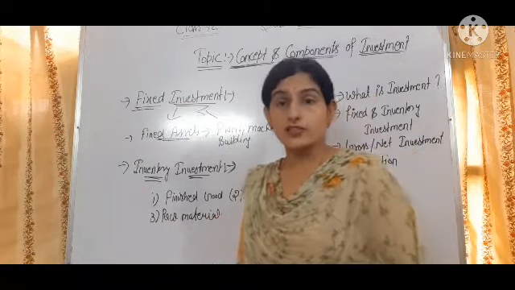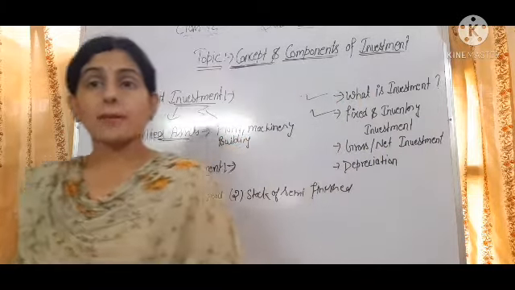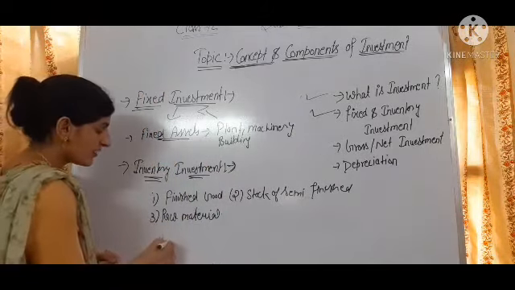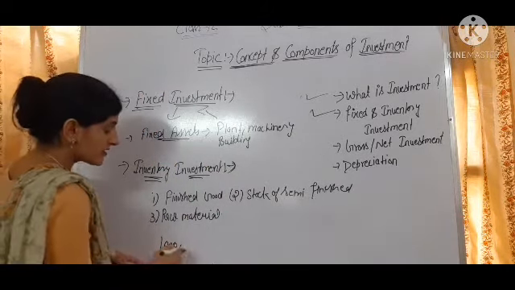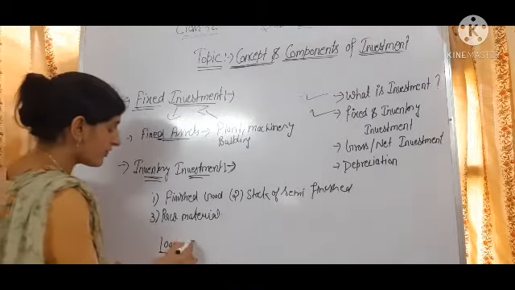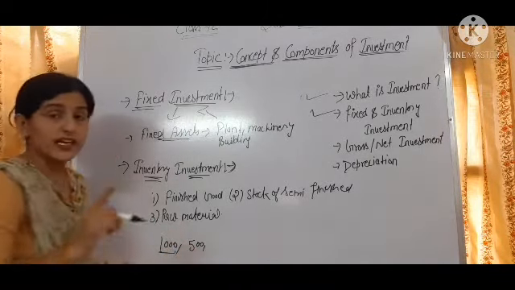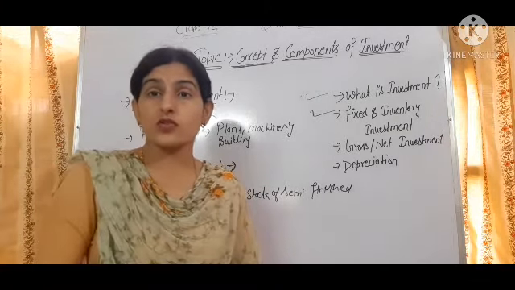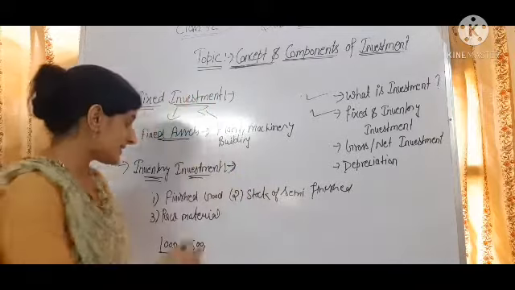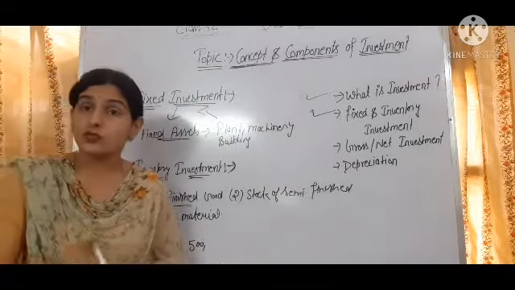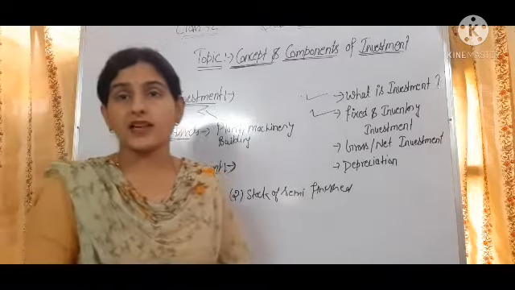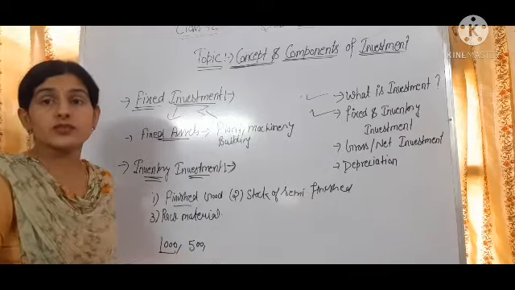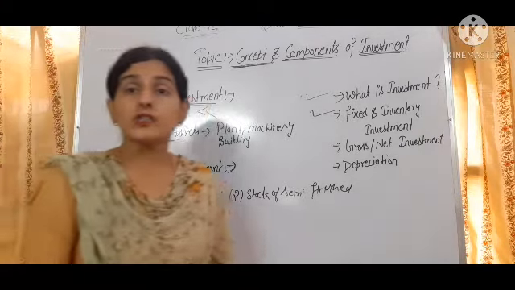So stock of finished goods means a producer plans to sell 1000 machines, but he was only able to sell 500 machines, we can say washing machines, in an accounting year, and the remaining 500 is the stock of finished good available with the producer. So that is inventory stock, and that is also called undesired inventory stock, because the producer planned to sell 1000 washing machines, but he was only able to sell 500.